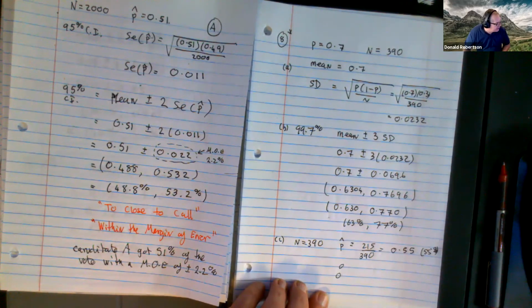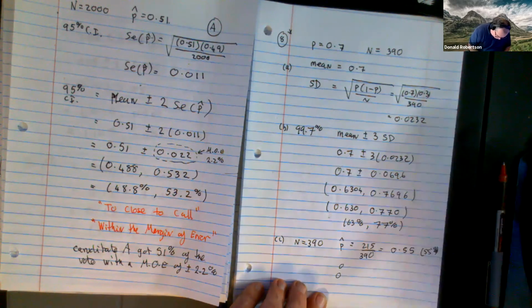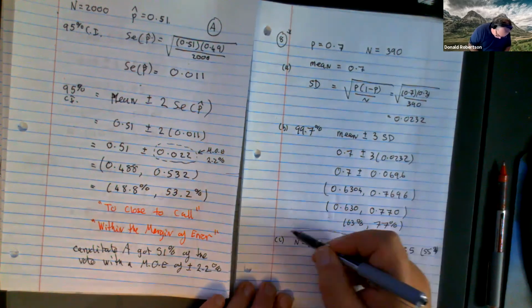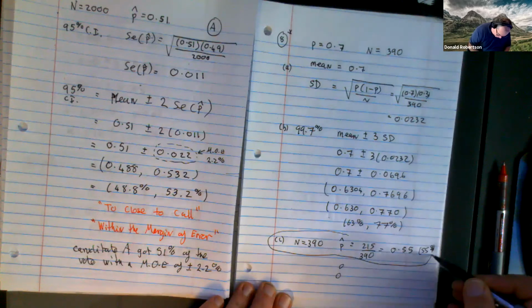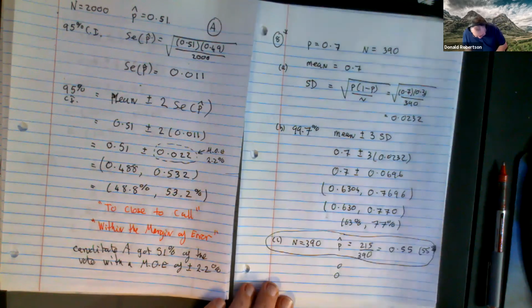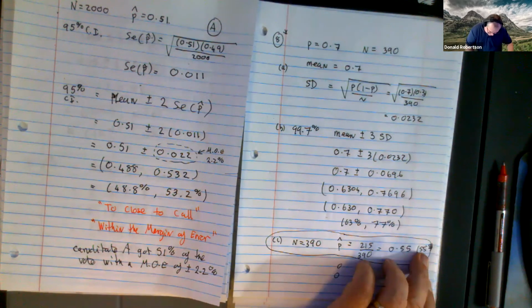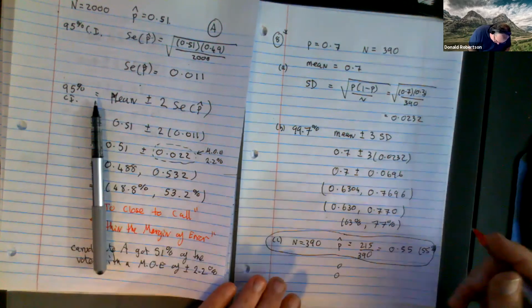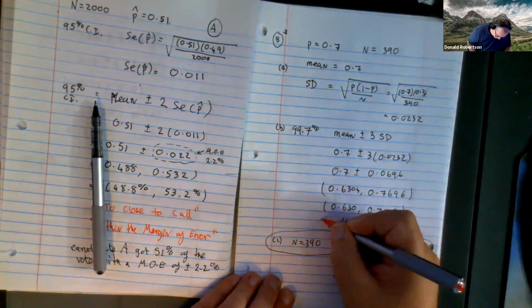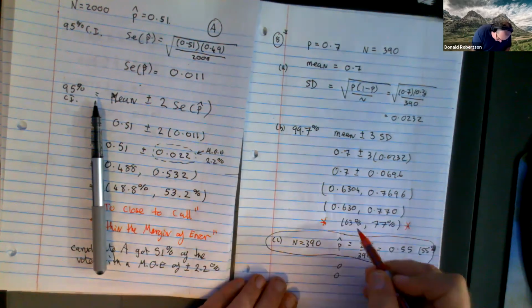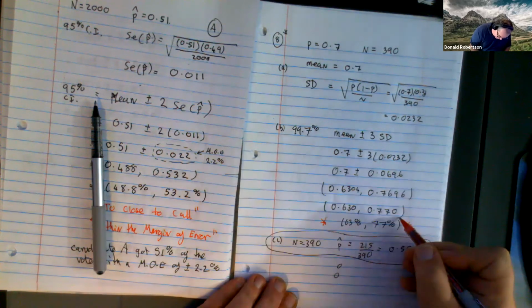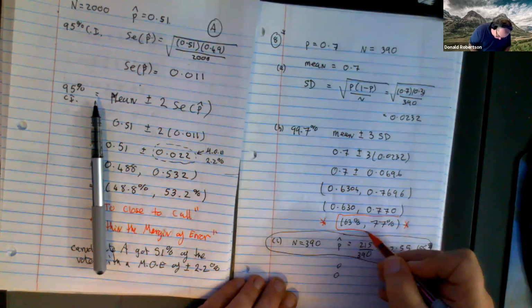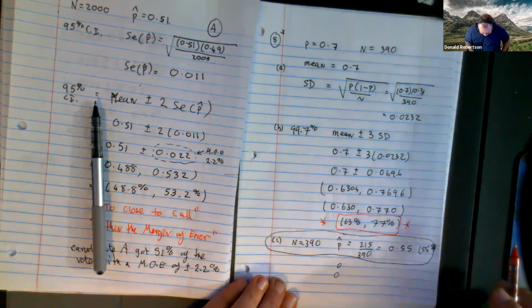Then they say, wait a minute. You collected this sample and 55% of them had high blood pressure. According to this interval, you should be 99.7% sure that the answers should come in that range.